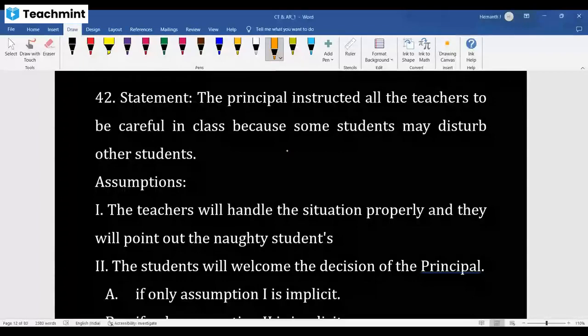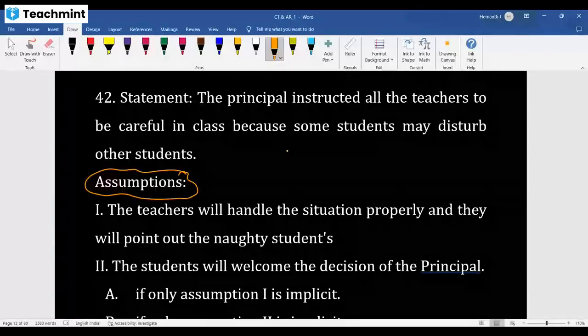Both are wrong. This is an assumption here. In statements and assumptions, suppose the manager gave an instruction to the clerk to put a notice that all employees should come on time. Let's say this is the statement. In the statement, they'll give it like this.